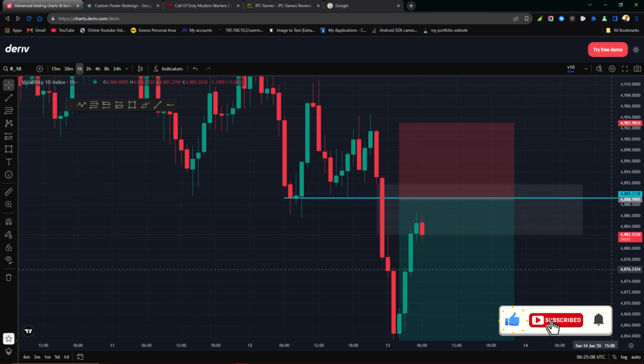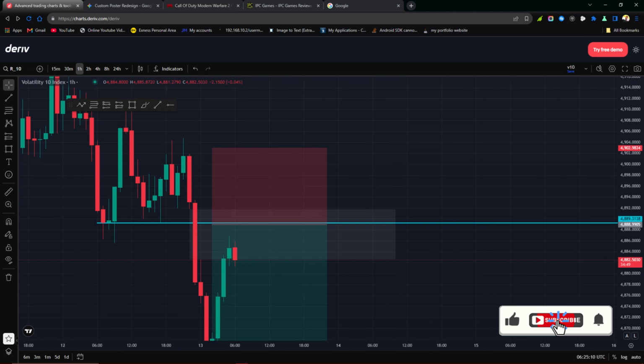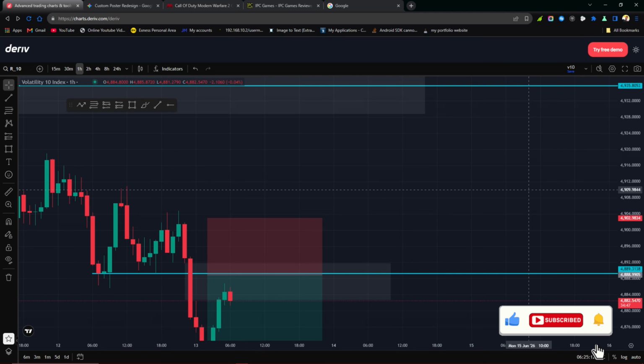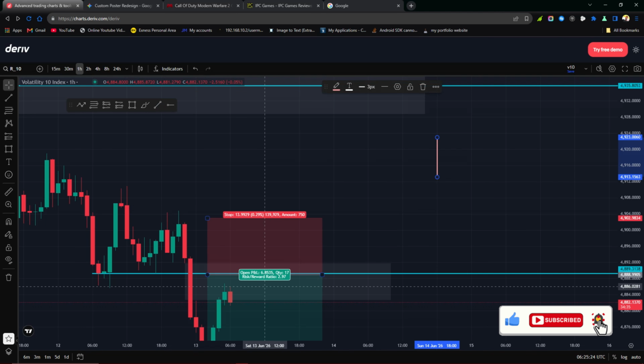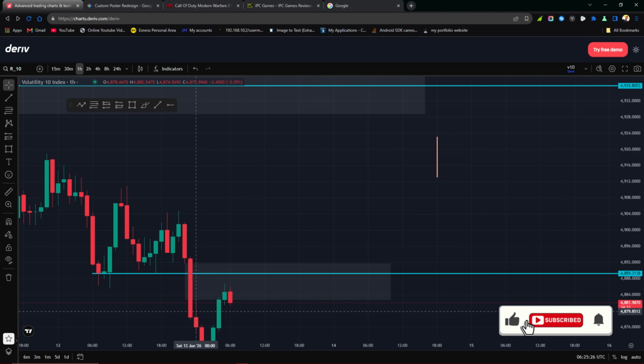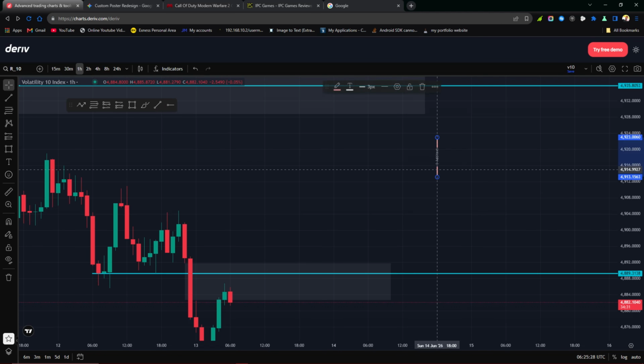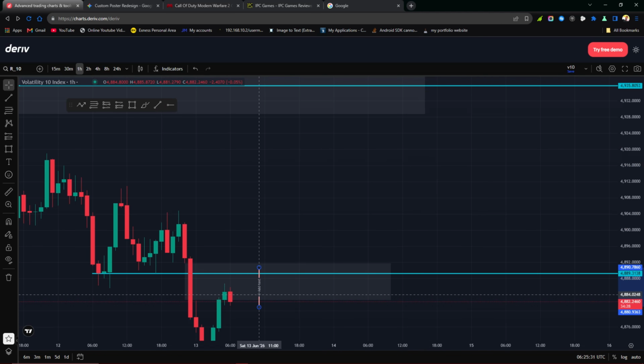So what kind of confirmation am I looking for? I want price to give me a hammer. For those that don't know what a hammer is, I'll try to illustrate it so that everybody can understand. I want price to give me something like this on this level. A hammer.